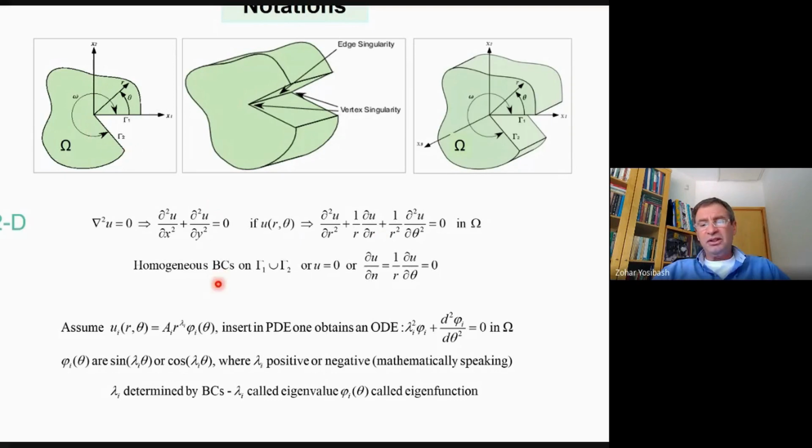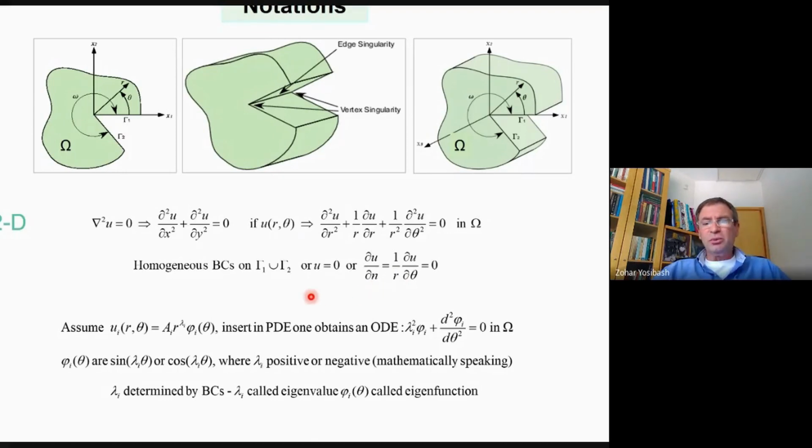We are looking at a case in which we have homogeneous boundary conditions on these lines which intersect at our singular point here. So we either discuss a Dirichlet boundary condition, or displacement boundary condition when we talk about elasticity, or the normal derivative equal to 0, which will be equivalent to the traction-free boundary conditions when we discuss elasticity.